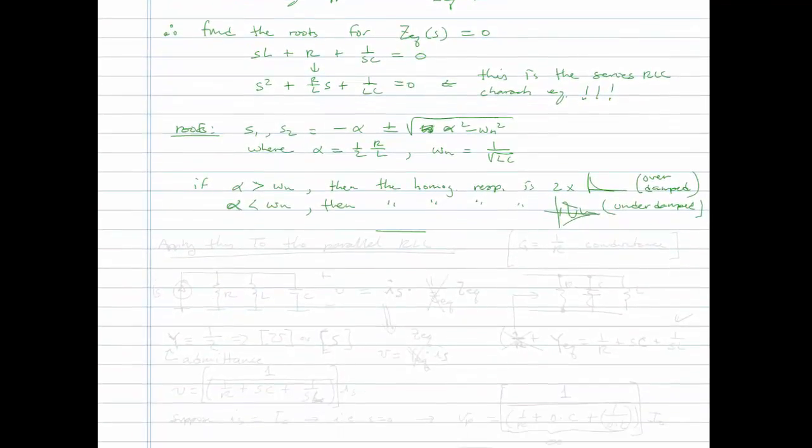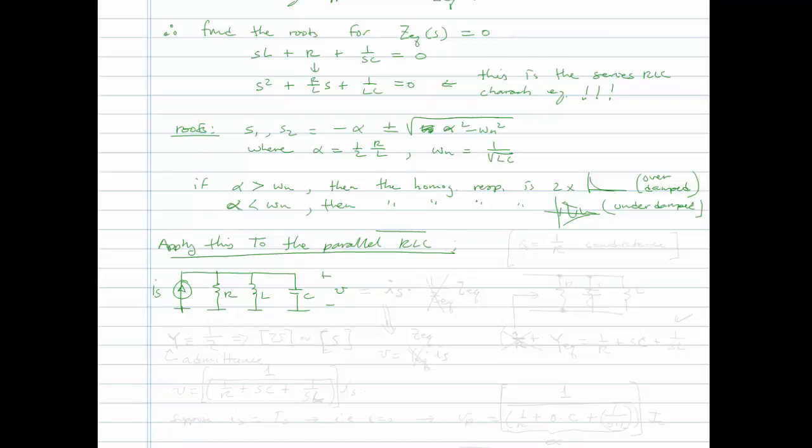Let's apply this to the parallel RLC so we can cover some more ground. Let's say I had this circuit here, IS, and I have in parallel an R and an L and a C. And I want the voltage V across here.